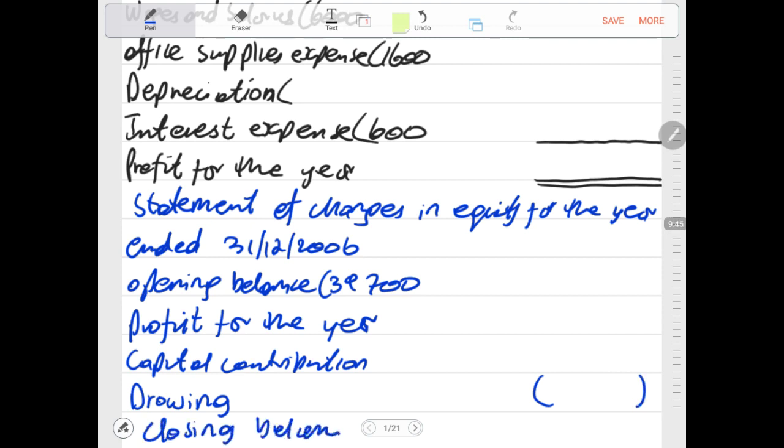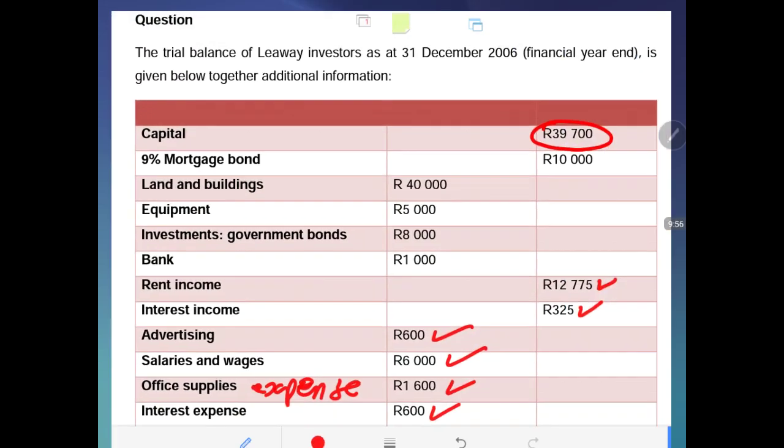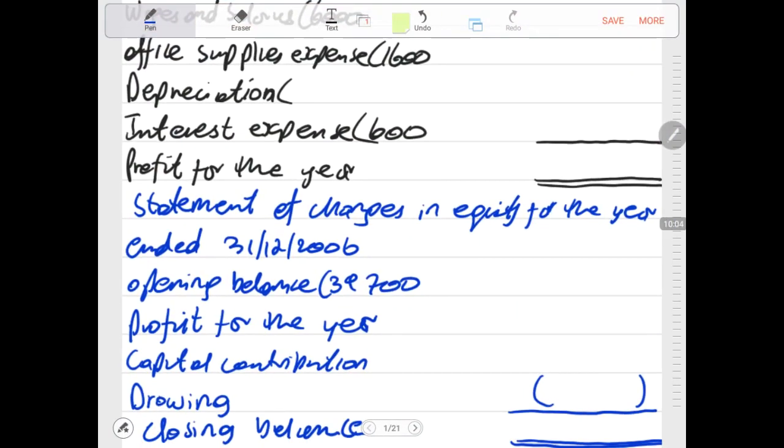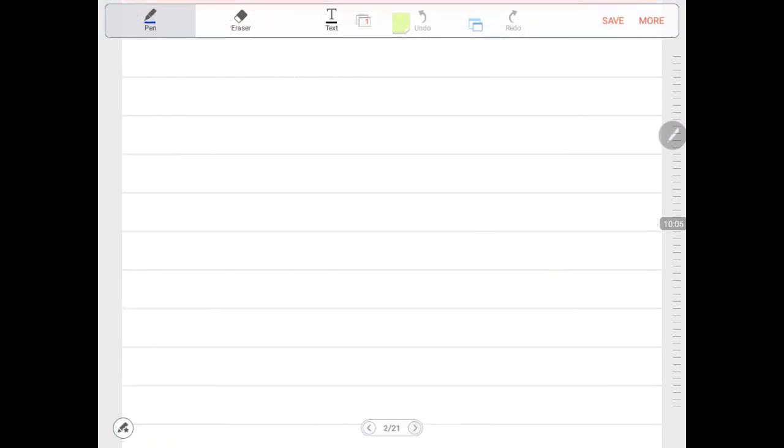We will get to the closing balance, and that closing balance is the one that will go to the statement of financial position. Now we need to tick that 39,000 that it has been recorded in the statement should be recorded. Then we go to the next statement, which is the statement of financial position.